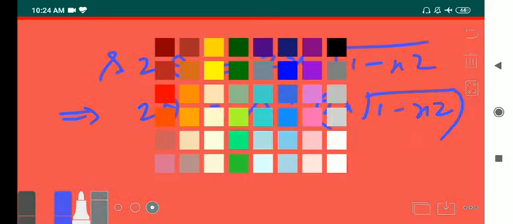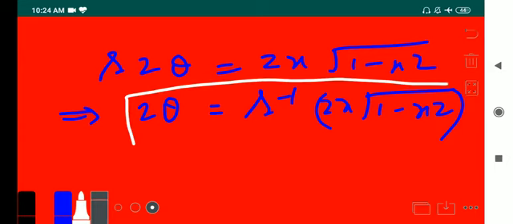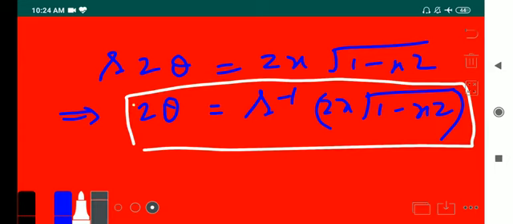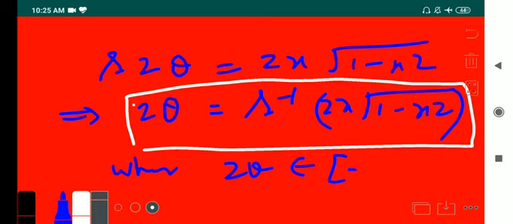Now a million dollar question is, if sin 2 theta equal to 2x under root 1 minus x square, can we write 2 theta equal to sin inverse? Invertibility occurs when and only when the function is invertible, and we know that sine function is invertible in the principal value range. And what is the principal value range? You know, 2 theta must belong to minus pi by 2 to plus pi by 2.